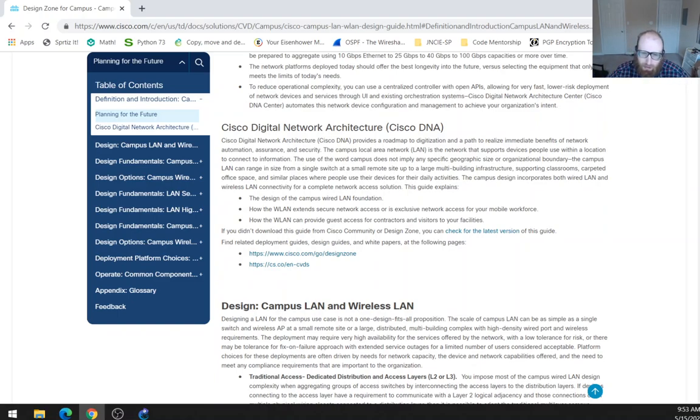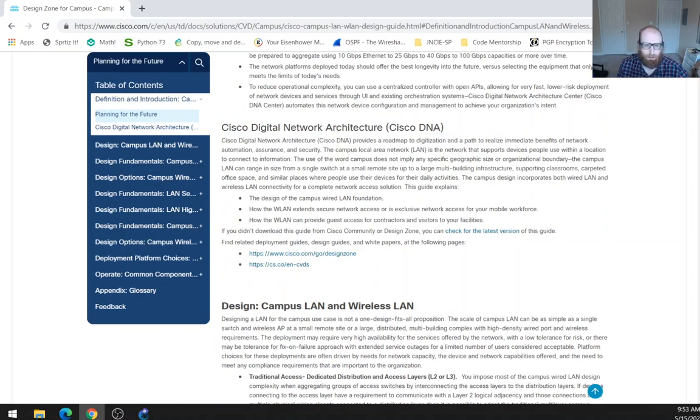This guide explains the design of the campus wired LAN foundation, how the wired LAN, is that what that stands for? I don't see where that's defined. Extends secure network access and is exclusive network access for your mobile workforce.